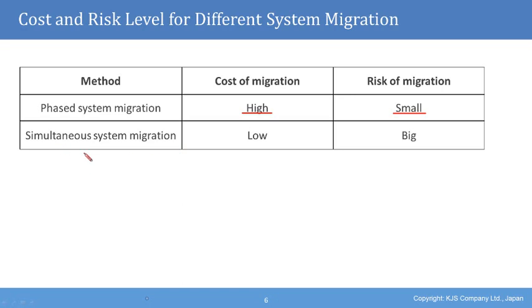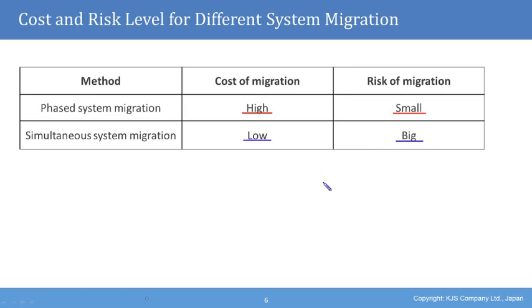In the simultaneous system migration, you have a low cost of migration because you never have more than one process being operated. However, that comes at a price. The price is a large risk. If you have any single error during your process, it could fault the entire system as a whole. So although it has a low cost, it has a high risk during migration.